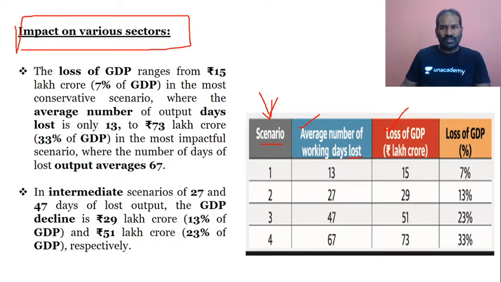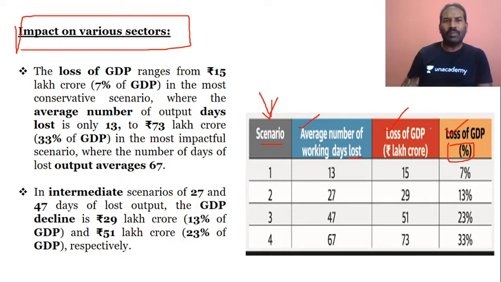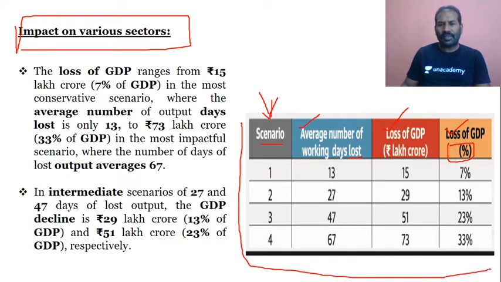Please look at the table and what its impact will be on the GDP in percentage terms. If you understand this table, you will have a clear understanding of the entire analytical point of view. Please focus on the table.